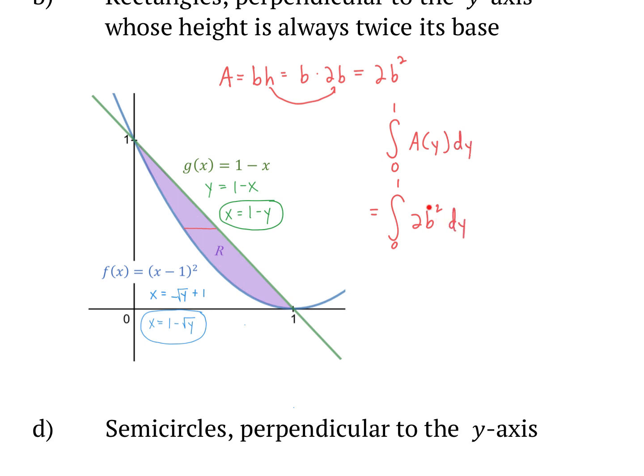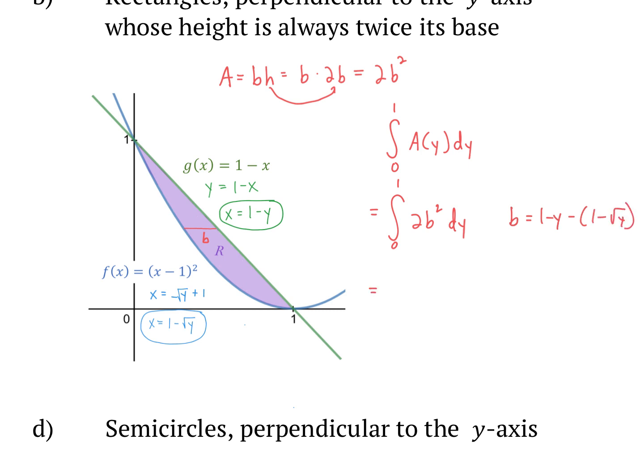Okay, so now we have to get this b in terms of y. So this distance is really b. That's the base of the rectangle. And then that distance is just these two subtracted, but it's right minus left. And so that b is right minus left.